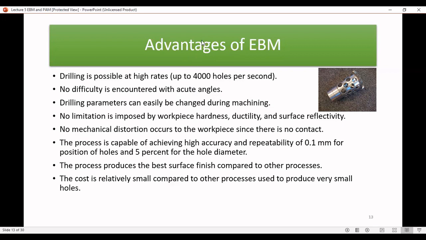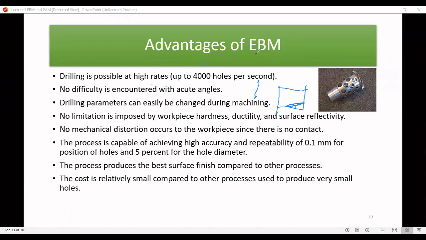If, for example, I have this block like that, and usually you drill from here, but if you want to drill at an angle like this, it shouldn't be an issue. It can actually drill at an angle.